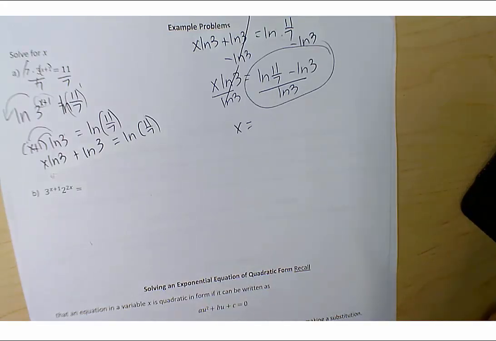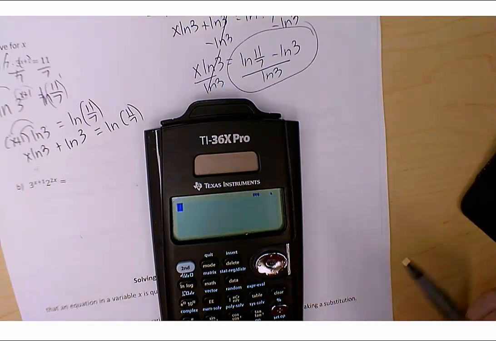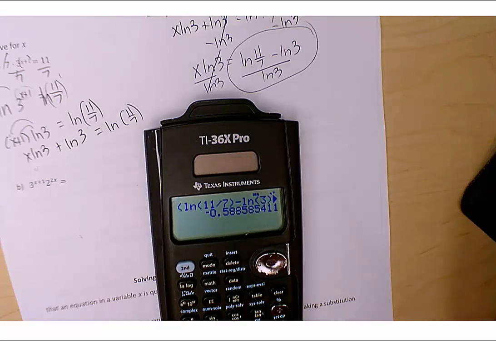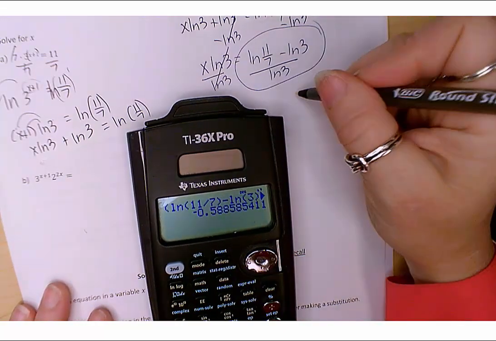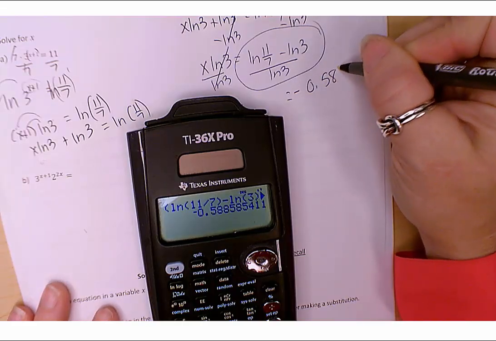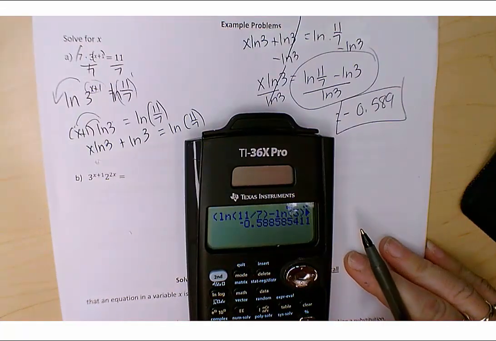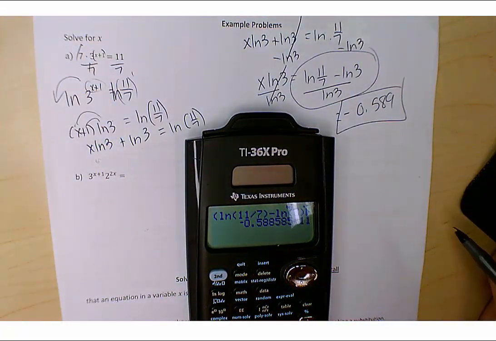Now, for this second technique for solving exponential equations, you must have a scientific calculator in order to plug that in. When we do type that into the calculator, we get that this is going to equal a negative 0.589 when we round to 3 decimal places as our solution for this exponential equation.